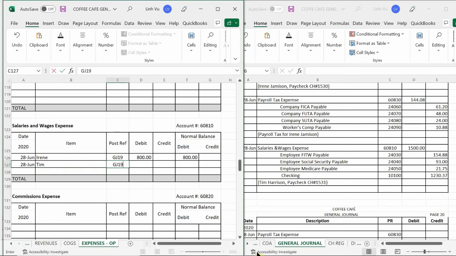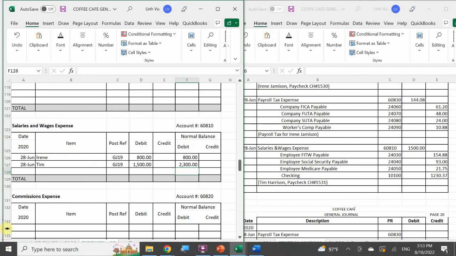It's 628, Tim, journal 19, and then it's $1,500. So again, the grand total is now $2,300. Mm-hmm. Yes.